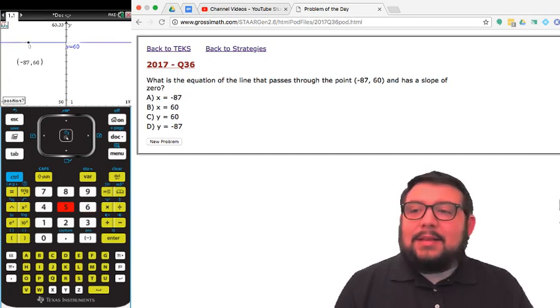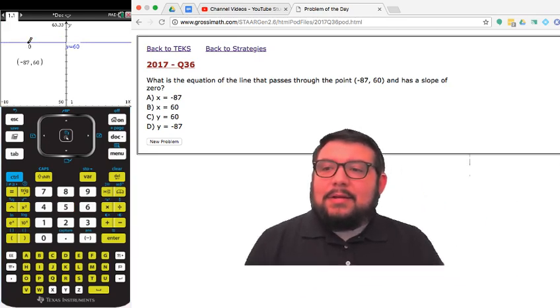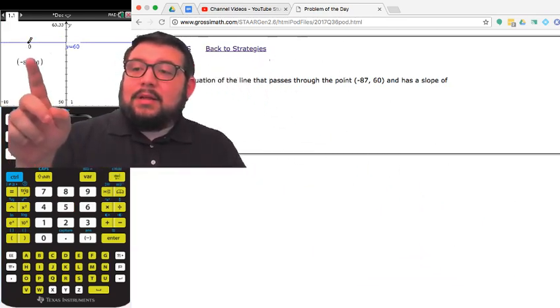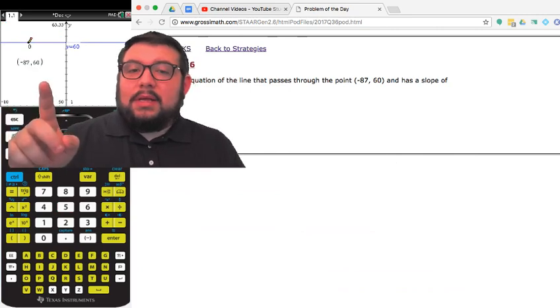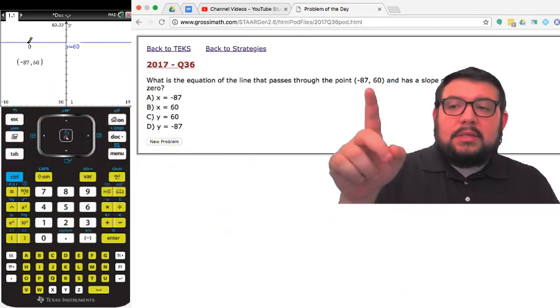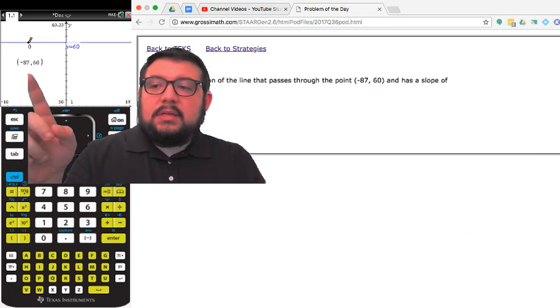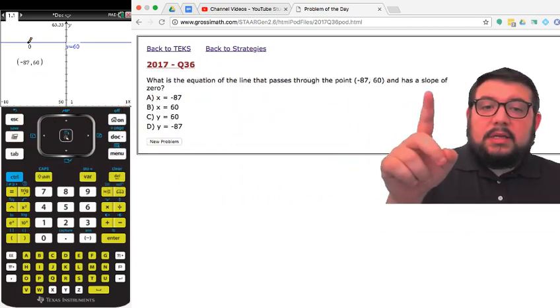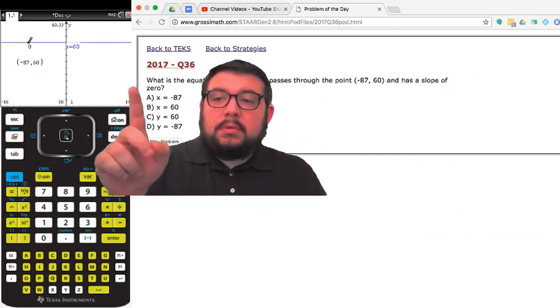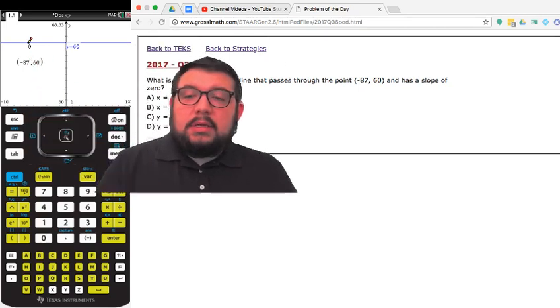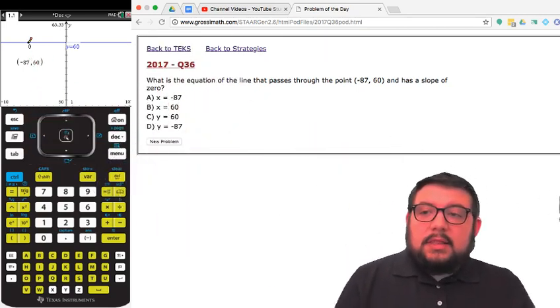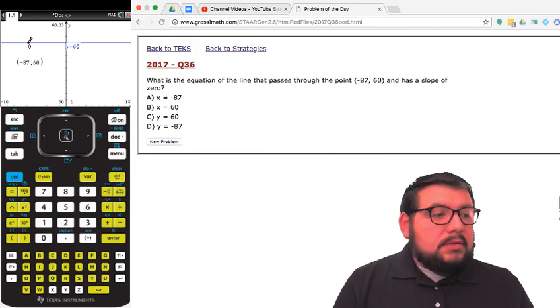It looks great. Right there is the best thing we could have seen, the number 0. Because it says, does the line have negative 87, 60? Yes, it does. Does the line have a slope of 0? Yes, it does. And that means that this must be the correct answer.